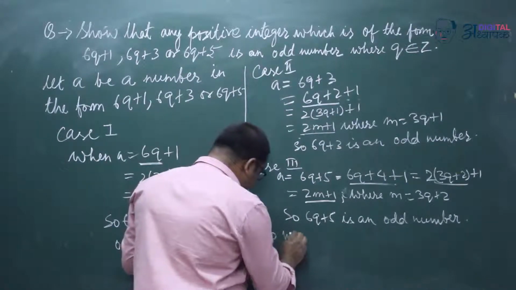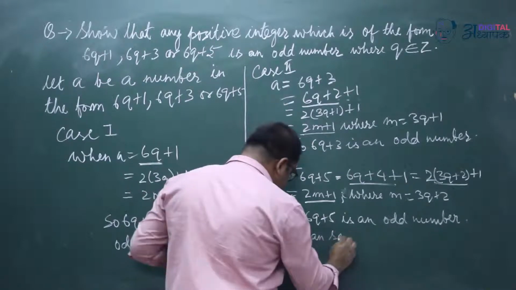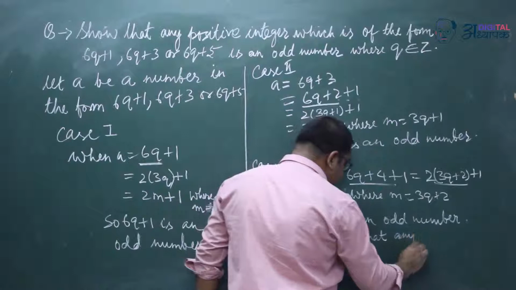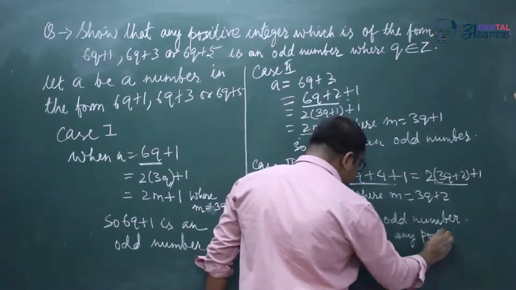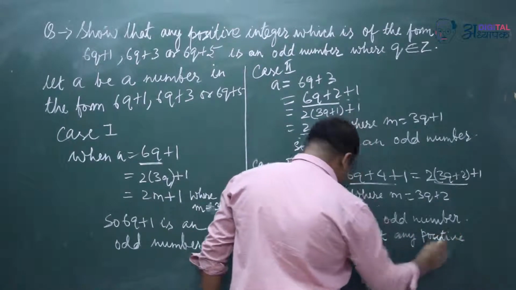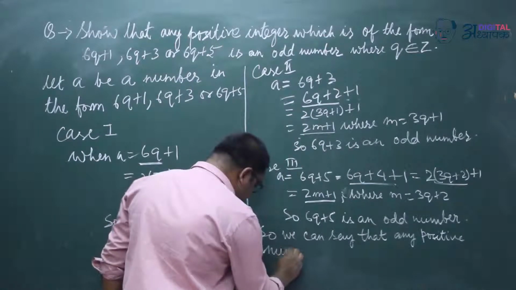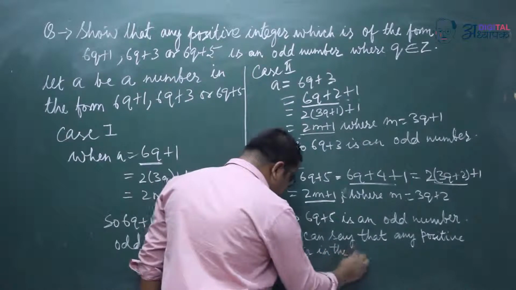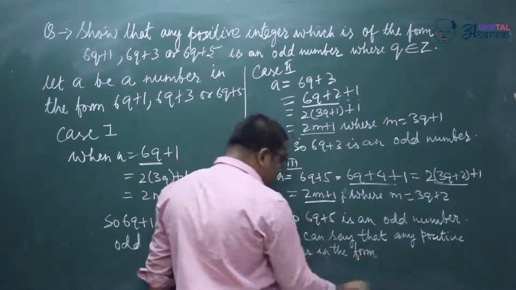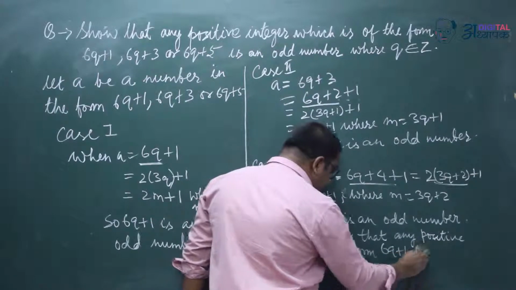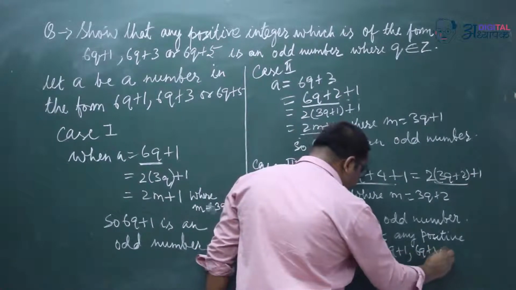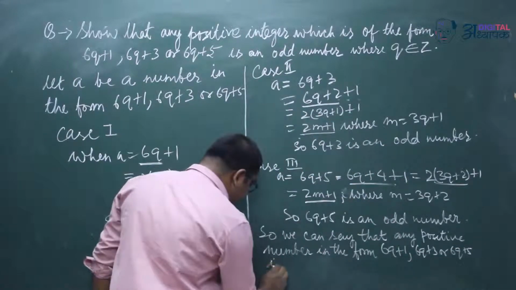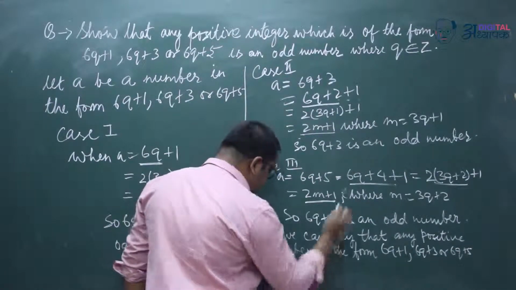So we can say that any positive number in the form 6q plus 1, 6q plus 3 or 6q plus 5 is odd. Thank you.